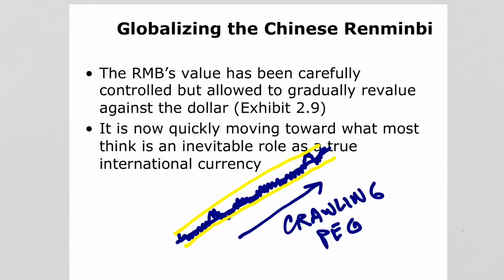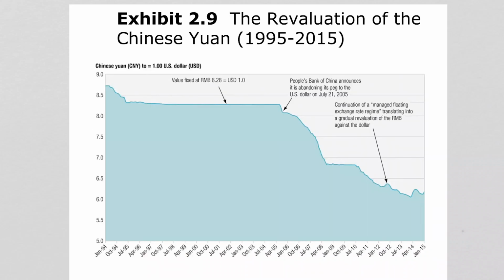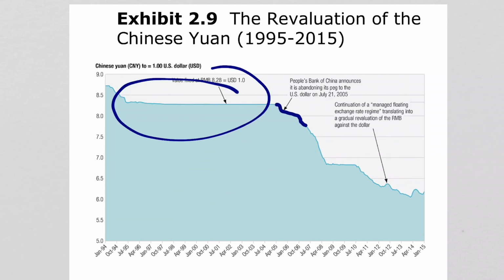If you remember from just a bit ago, that's called a crawling peg. Here you can see the impact of a fixed exchange rate. But gradually, $1 has bought fewer and fewer Chinese yuan over time, a weakening of the dollar or a strengthening of the Chinese yuan.